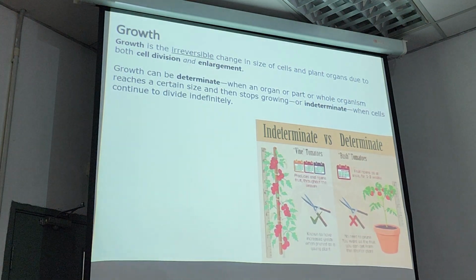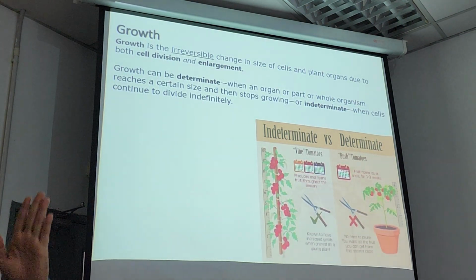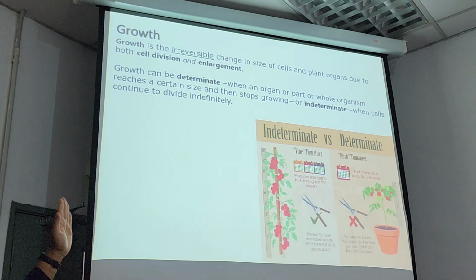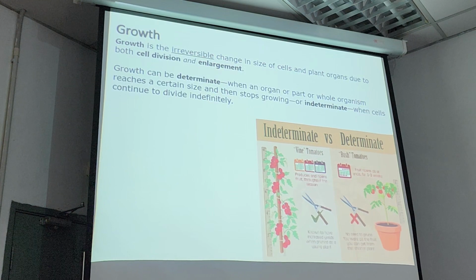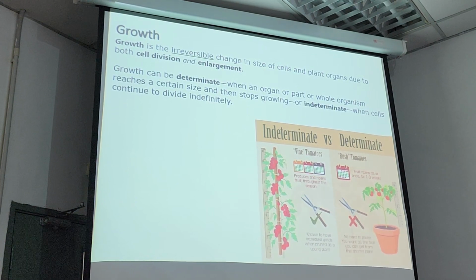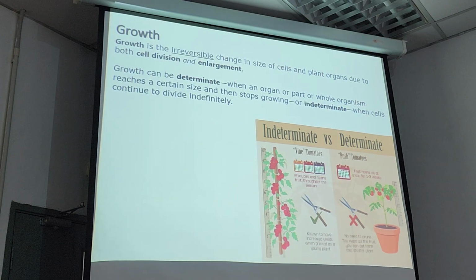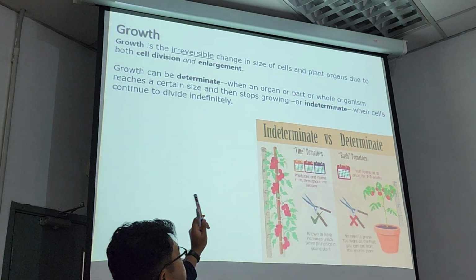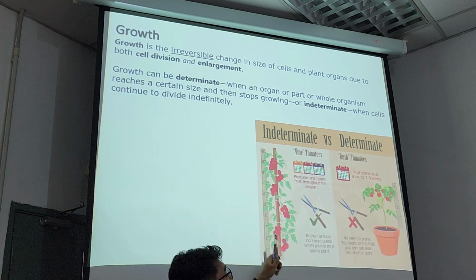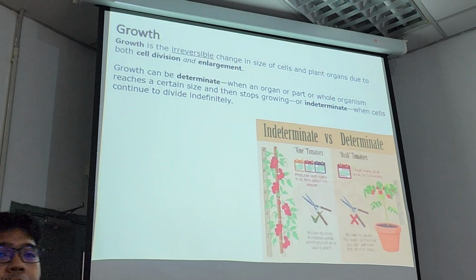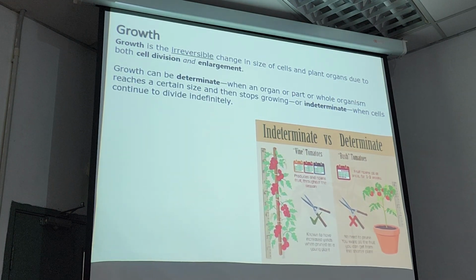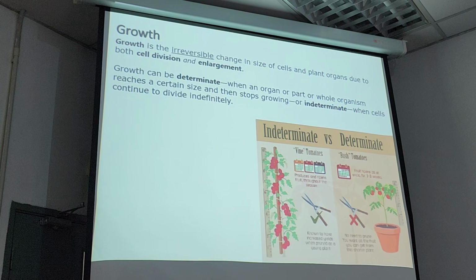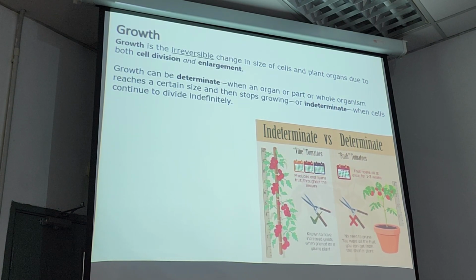Okay? So the growth direction can be either determinate or indeterminate. So what it means is indeterminate, it looks something like this. The plants can pretty much grow in all directions. Indeterminate, right? You cut this side, it grows this side. You cut front, it goes at the back.